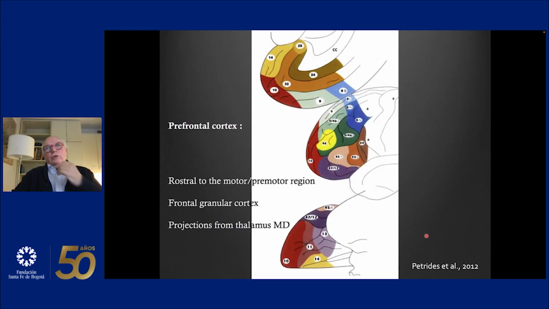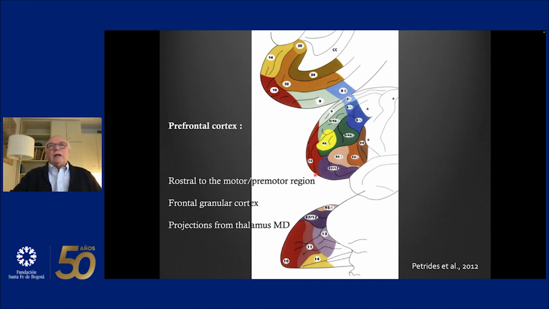I will not go into details about anatomy because Jorge just did that right now, but just to delineate what I will talk about today. I will talk about the prefrontal cortex, and in my case this afternoon, I will give an example of the motor and premotor cortex.